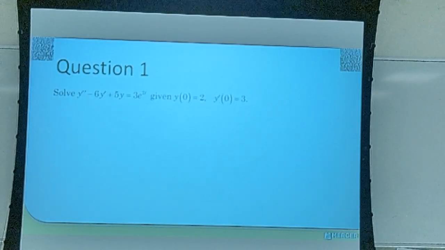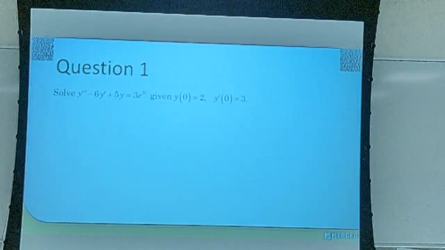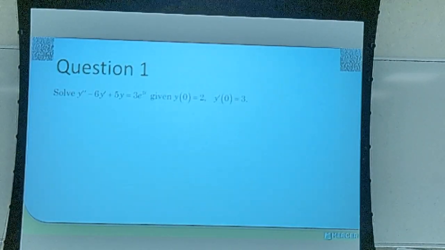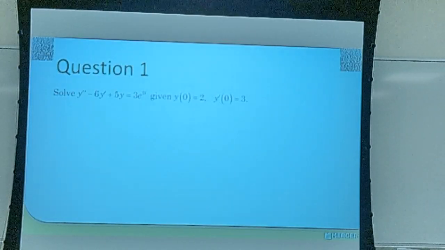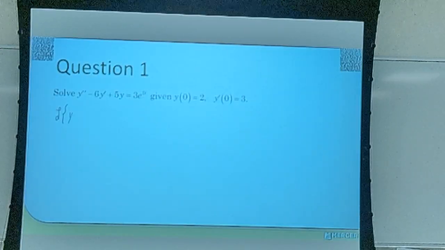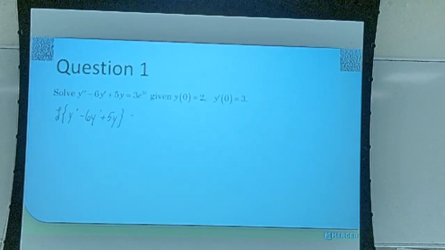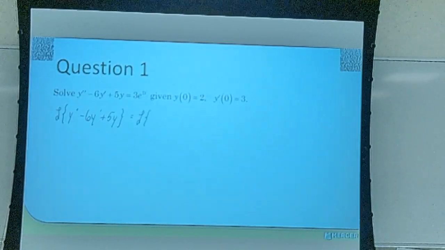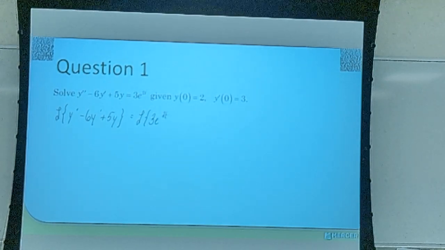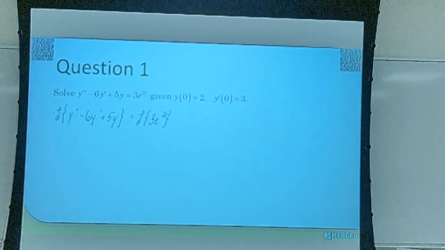So the idea behind solving initial value problems using Laplace transforms is we just take the Laplace transform on both sides of the equation.